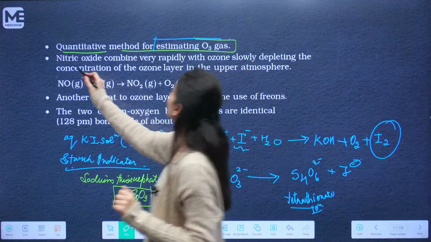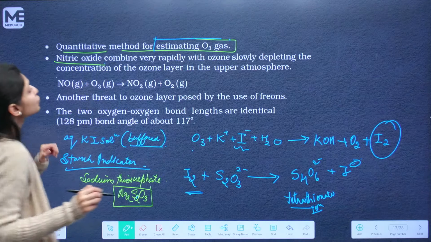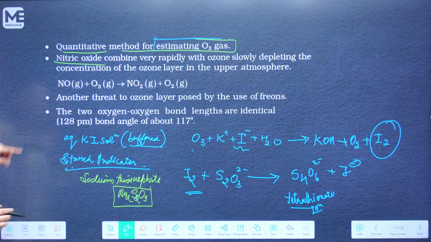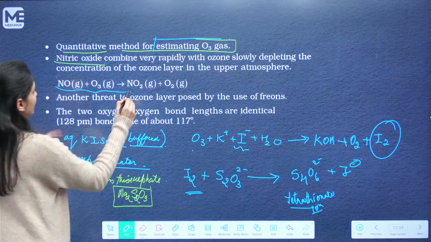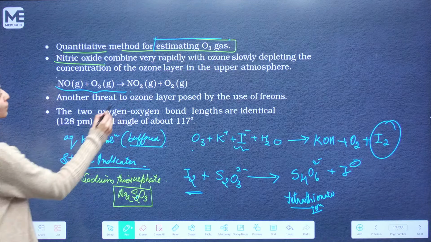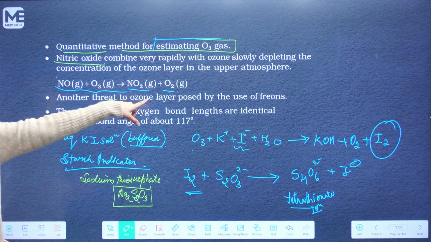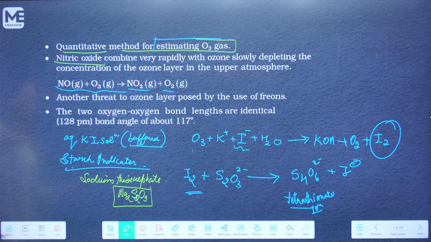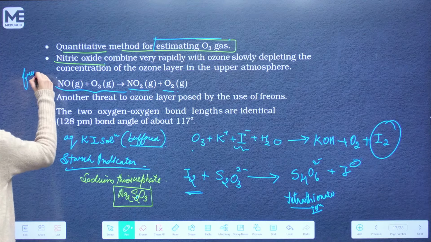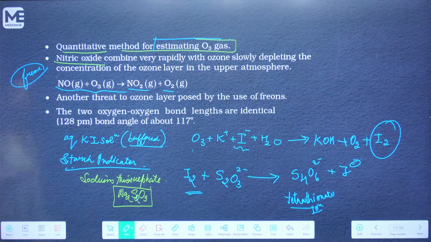Secondly, nitric oxide, which is emitted by supersonic jets, also depletes ozone via this reaction. With ozone it forms NO2 and O2. This also leads to decomposition of ozone into oxygen. So because of these two, freons and nitric oxide, there is a threat to the ozone layer.